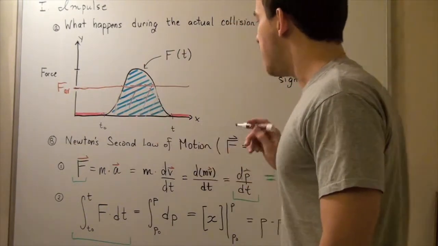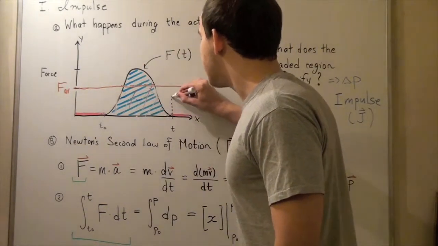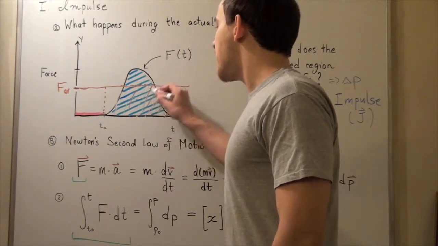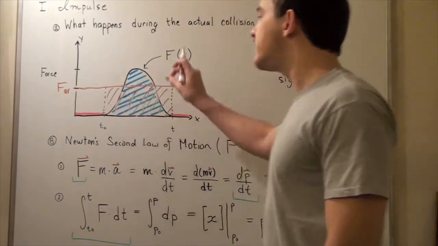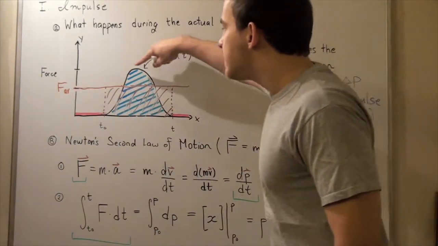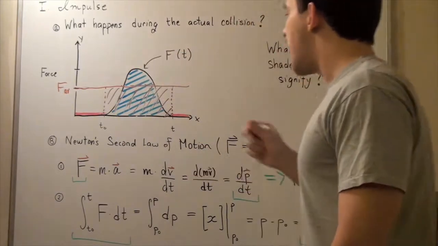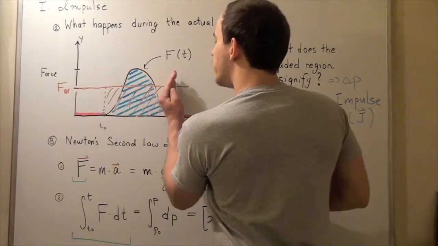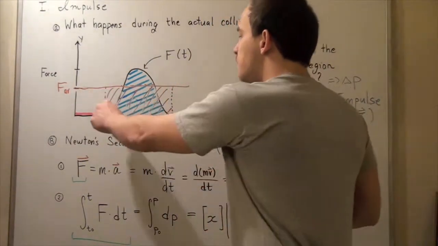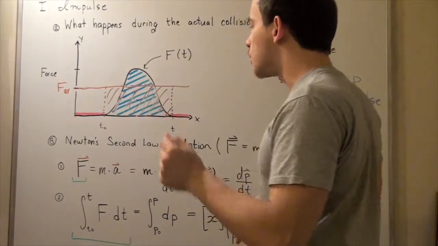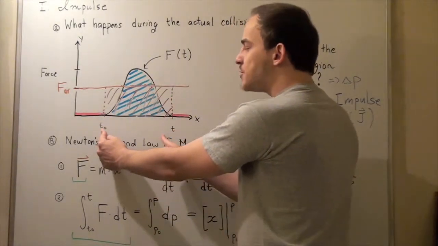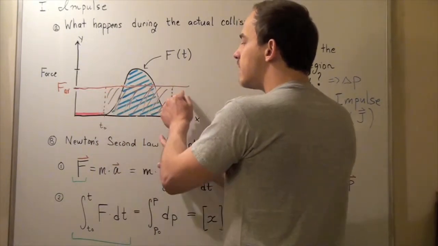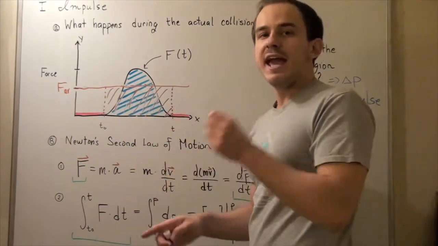If I draw my lines going vertically up from the same time interval, this shaded area underneath will have the same exact magnitude as this blue shaded region. So if I take the integral from this point to this point, I will get the same exact value as this whole integral. In other words, simply finding my change in time and multiplying by my force will give me the area of this figure because it's in fact a rectangle.